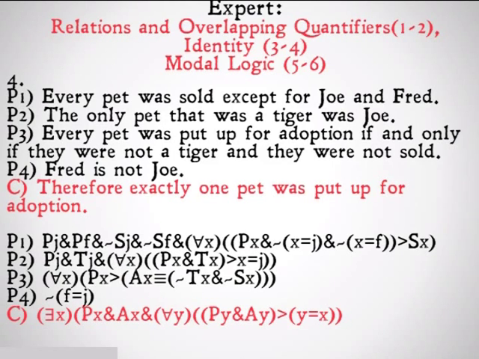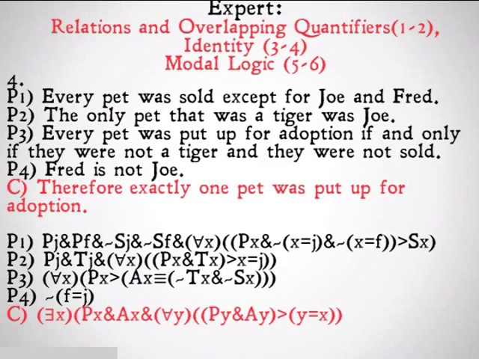Premise 3, every pet was put up for adoption if and only if they were not a tiger and they were not sold. That's going to be for all x, x is a pet implies that x was put up for adoption if and only if it's not the case that x is a tiger and it's not the case that x was sold. And finally, Fred is not Joe.